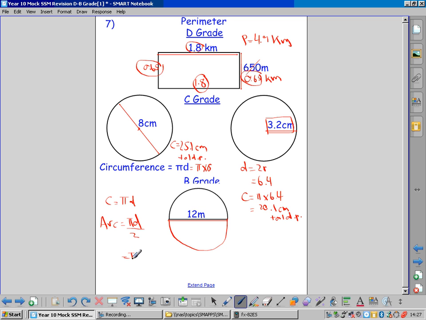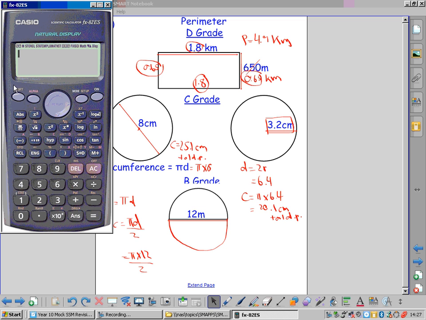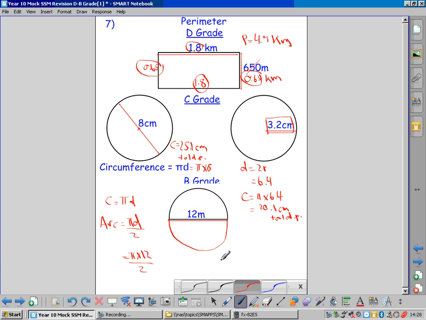So pi times 12 divided by 2. Six pi, 18.8 meters. That's this arc, because we halved the circumference of the whole circle.